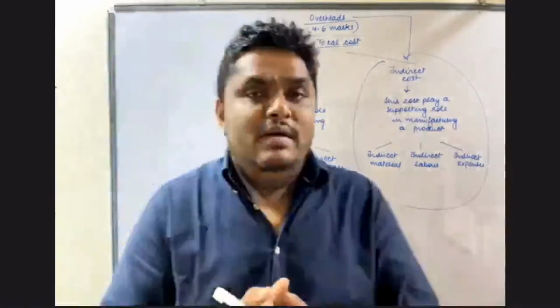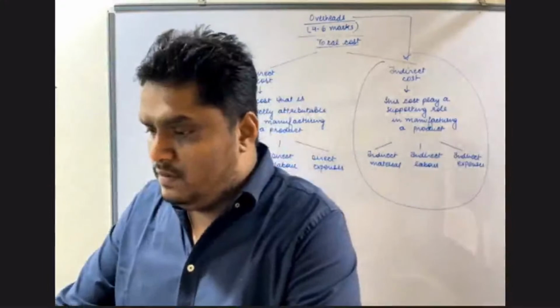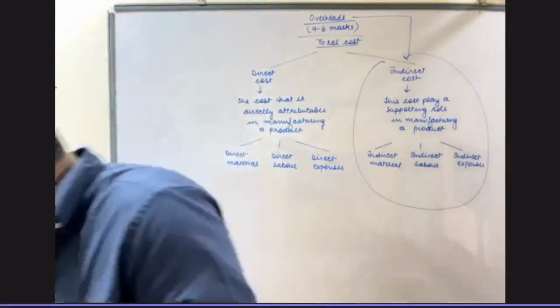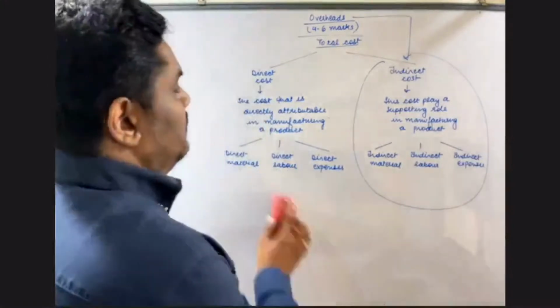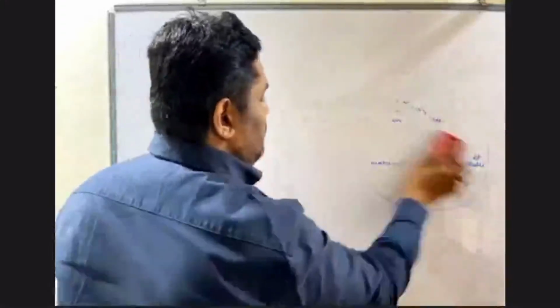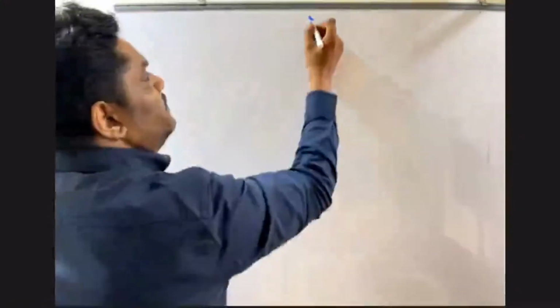So now let's start. When talking about overheads, what is overheads? The indirect cost that is incurred in manufacturing a product.